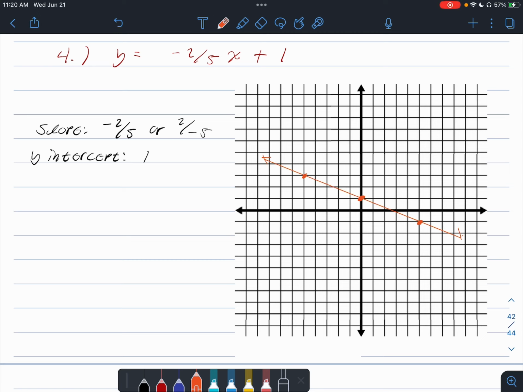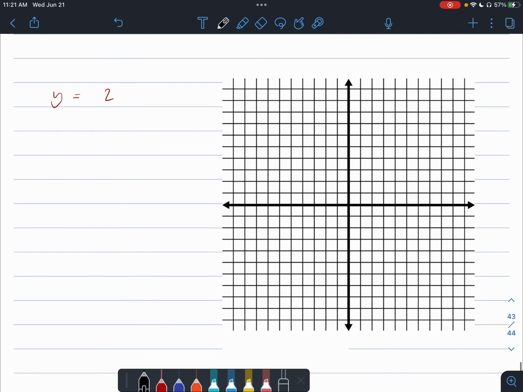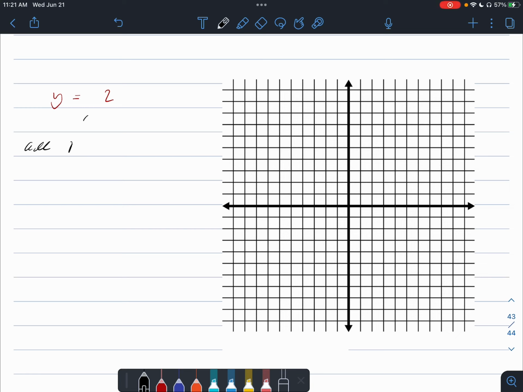Okay? There are a couple other types of lines. These are not necessarily written in slope-intercept form, but they are important lines to know how to graph as well. These are fairly simple, fairly straightforward, but I think it would be worth taking a look at. What if you're given something just like y is equal to 2? Okay? The way you should think of this is all points whose y value is 2.